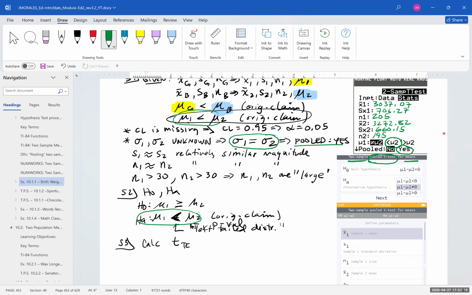And if we're going to take this inequality, mu1 less than mu2, and we want to put it in this format that NumWorks uses, we're going to need to subtract mu2 from both sides. And we have mu1 minus mu2 is less than, so I'm just carrying this down, 0. So this is the option we're going to use right here.